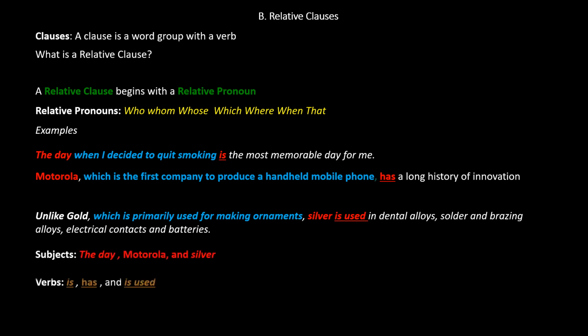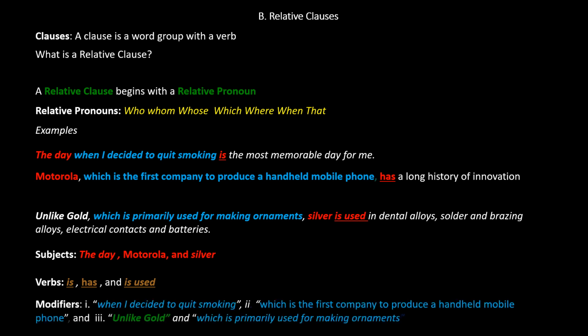Participial phrases. There are two types of participial phrases which function as modifiers or middlemen. 1. The present participial phrase. 2. The past participial phrase.